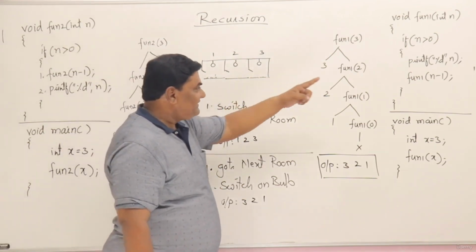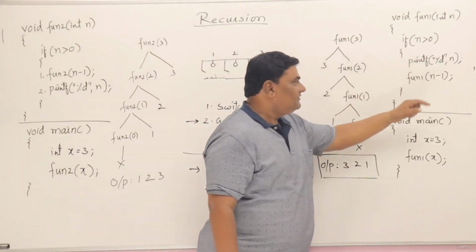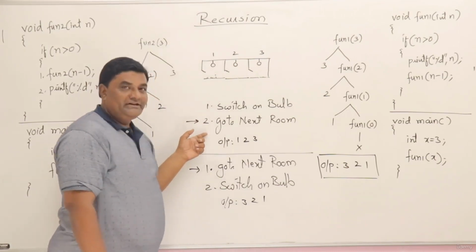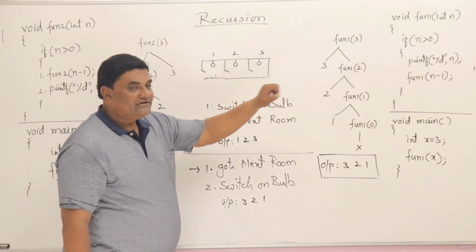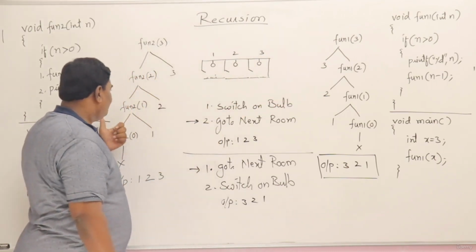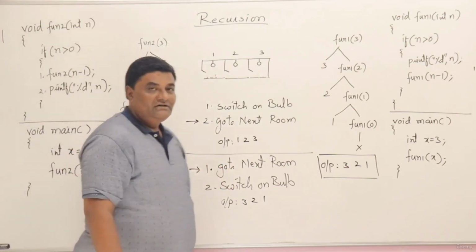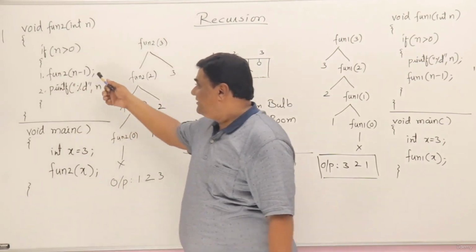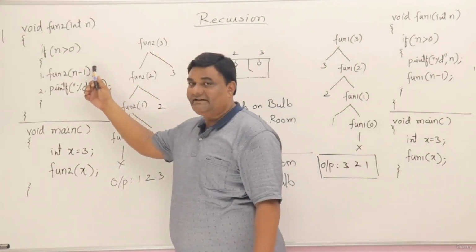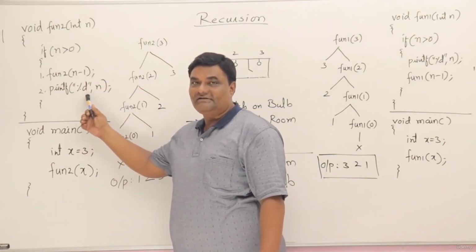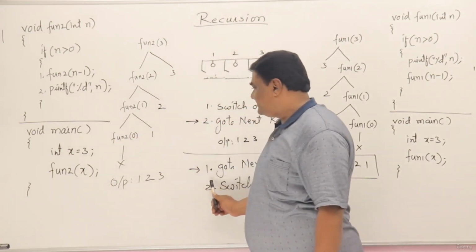So if you see this recursion, print and then call, switch on then go to next room. So this is same as that one. And if you see this one, go to next room then switch on. So here in this example, first go to next room, that is make a call, and then print. So this is similar to this one.